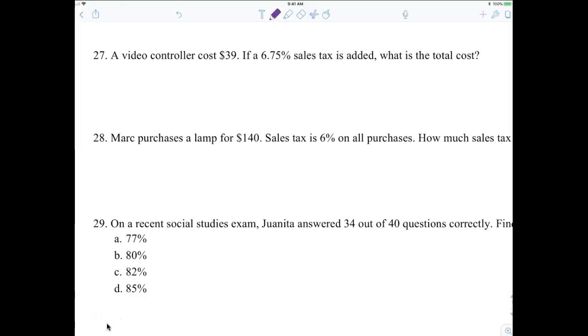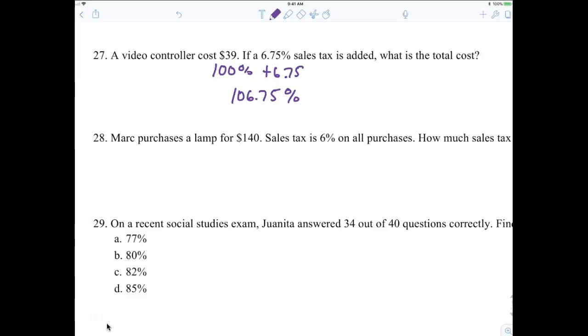The person buying. So, you have to pay $39, which is what percent? 100%. Plus, you have to pay 6.75%. So that means you have to pay 106.75%. Is everybody with me on that?